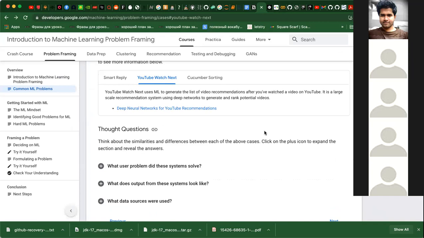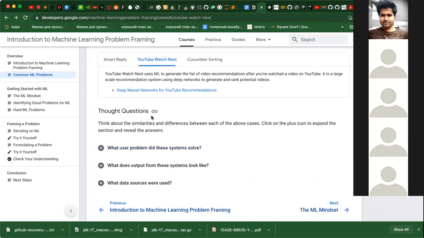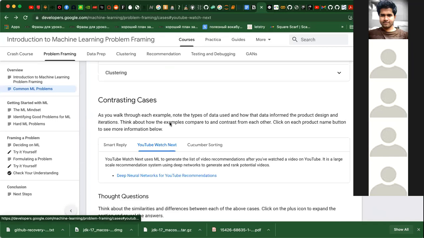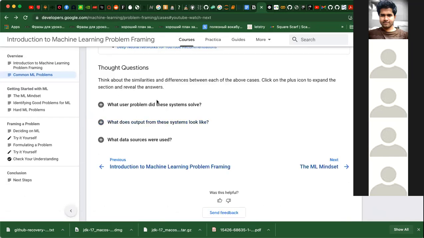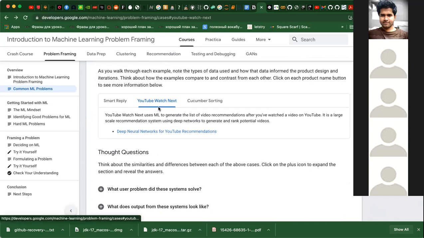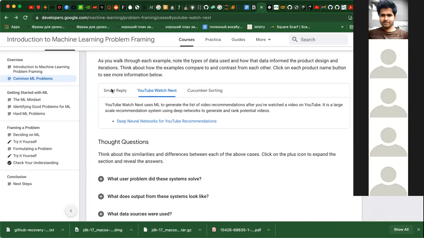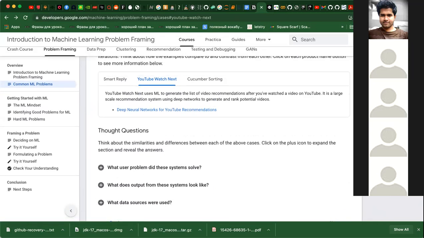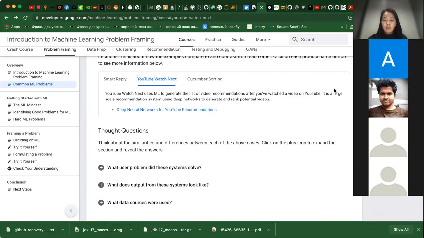When you finish the common machine learning problems, let's discuss together, or if anyone wants to discuss these questions about three examples of using machine learning, like Smart Reply, YouTube Watch Next, and cucumber sorting, like if Harsha or Neha wants to share the answers to these questions, and then we can proceed with this block of material.